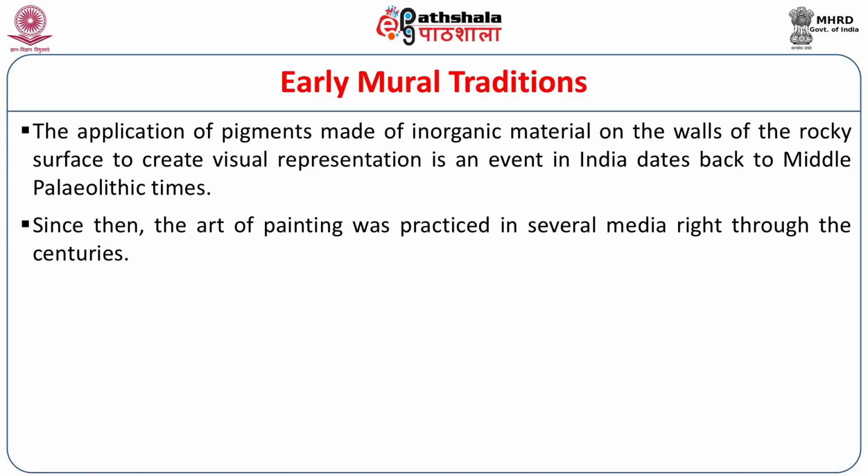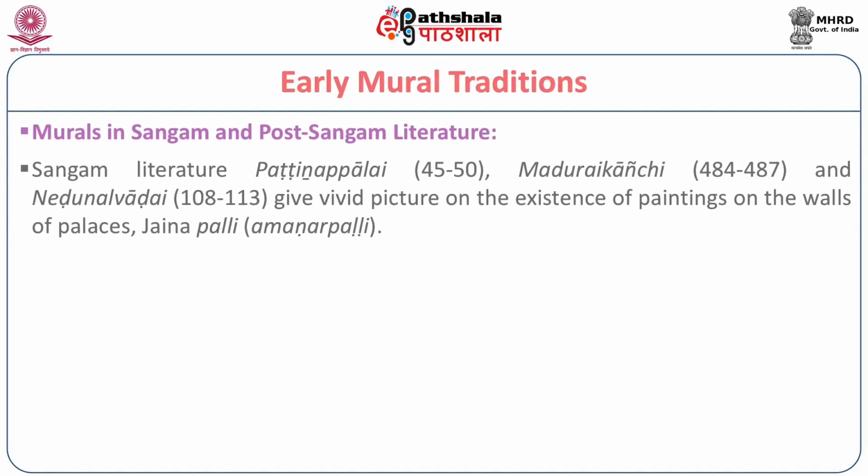These mural paintings or wall paintings are found in the ancient literature, popularly called Sangam literature. The Sangam literature, Pattinappalai, Maduraikanji and Nedunalvadai, give a vivid picture of the existence of paintings on the walls of palaces and Jaina Palli, what they call Amanar Palli.